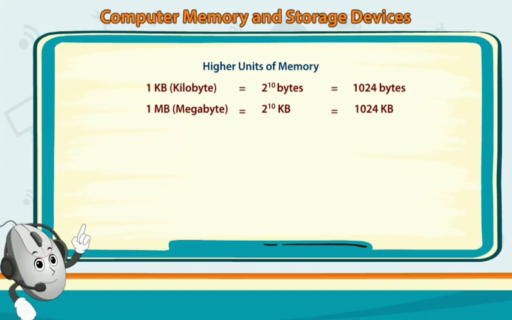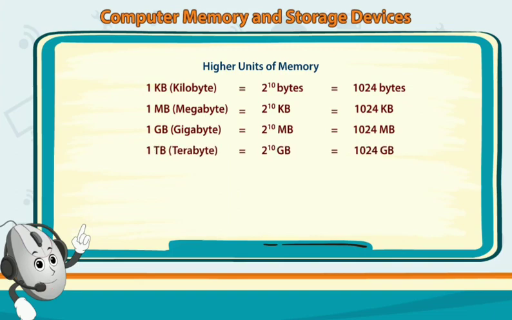So 1 MB equal to 1024 kilobyte. 1 GB. GB means gigabyte. 1 GB equal to 2 raised to 10 MB, megabyte. So 1 GB equal to 1024 megabyte.